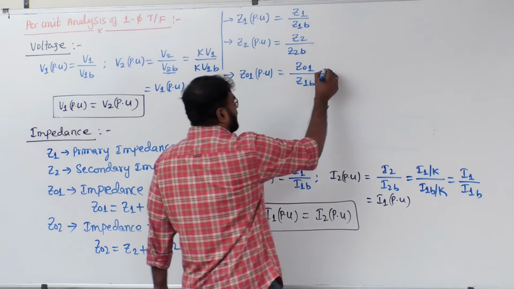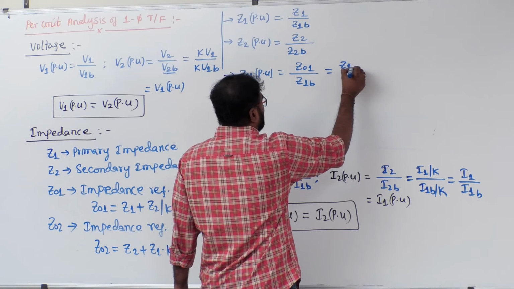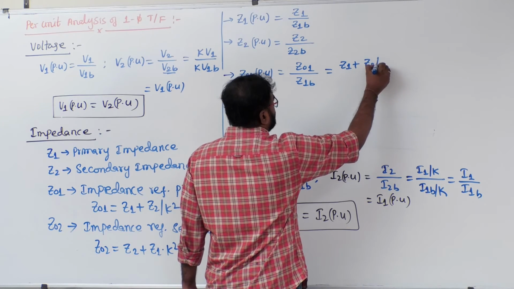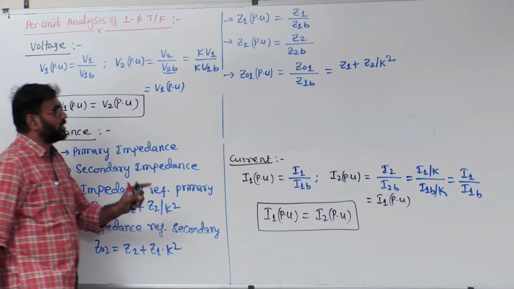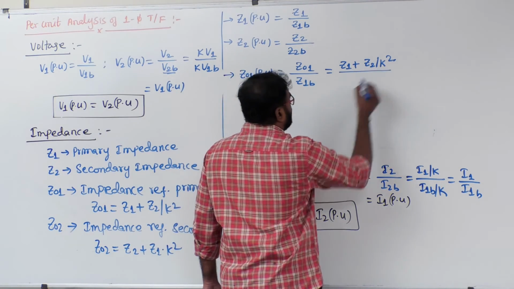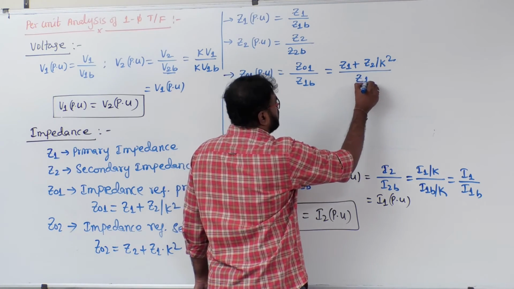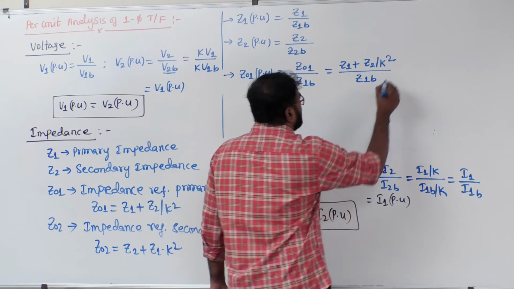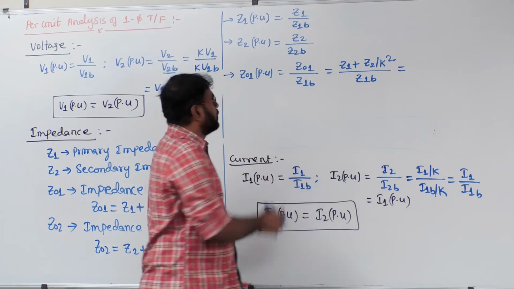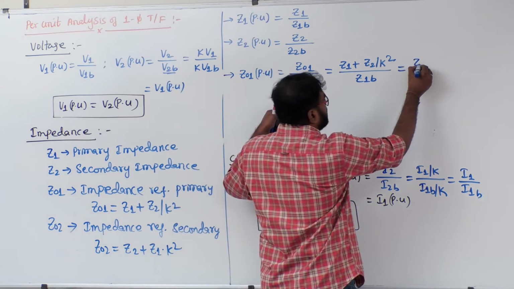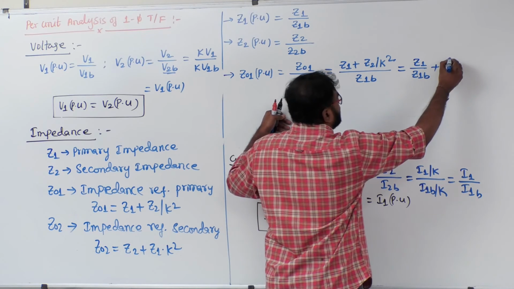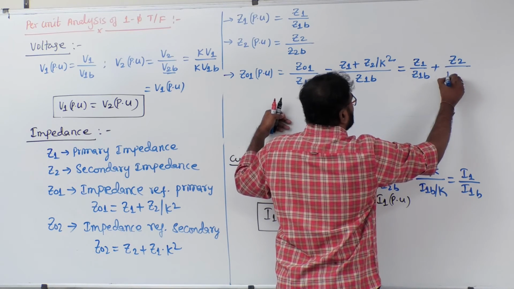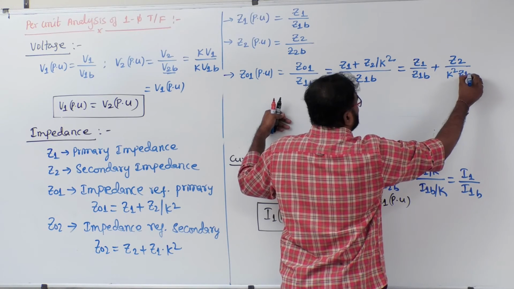Let me rewrite this Z01. Z1 plus Z2 by K square. Correct or not? Z01 is Z1 plus Z2 by K square. So, divide with Z1 base. Now, just have a look here. I can write Z1 by Z1 base, that is the first term. Second term is Z2 by K square into Z1 base.